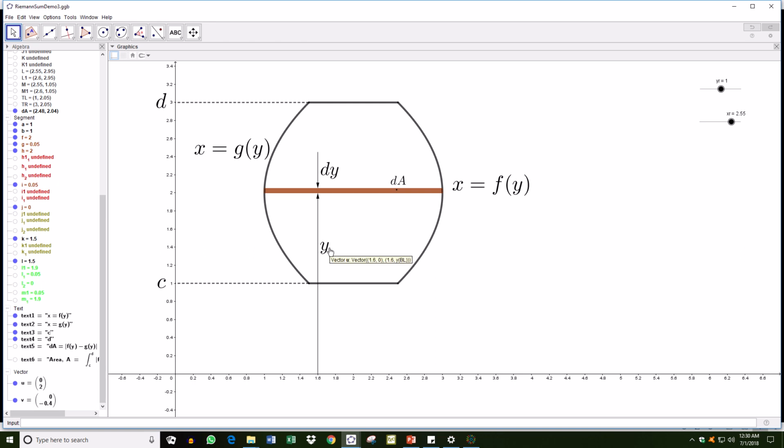So we would know the value of y. And since this is the x equals f of y curve, we can figure out precisely what x is at this point. The moment we know y and the moment we know f of y, we know exactly what x is. Similarly, for this point, we can find the x value. So the x value at this point minus the x value at this point should give us the width of this rectangle.